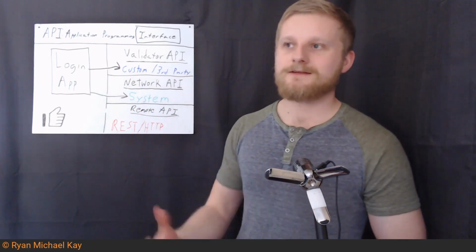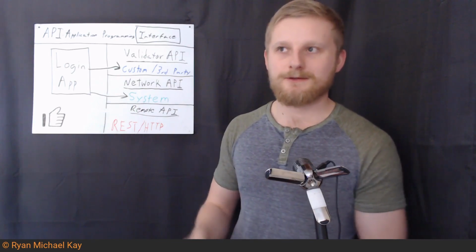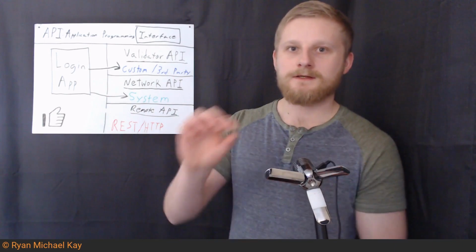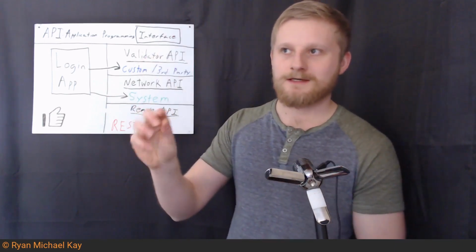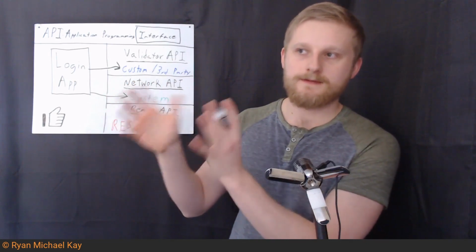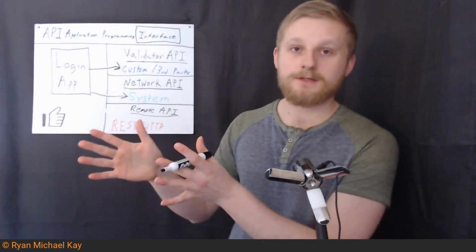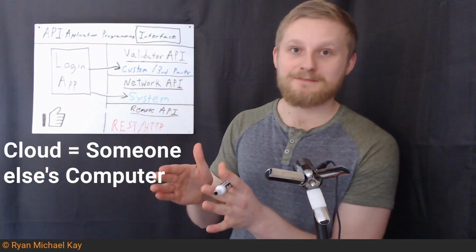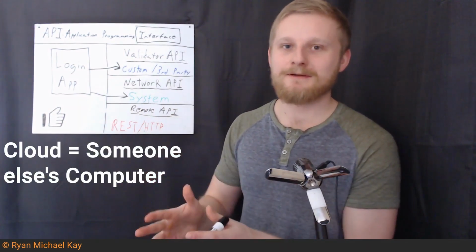Okay, so assuming that our application is running on a device that has a connection to the internet, the last thing we need to do is somehow send that data from that application across the internet and into a server. And when I say server, that's literally just another word for computer. Someone else's computer. That's also what cloud means. Someone else's computer.